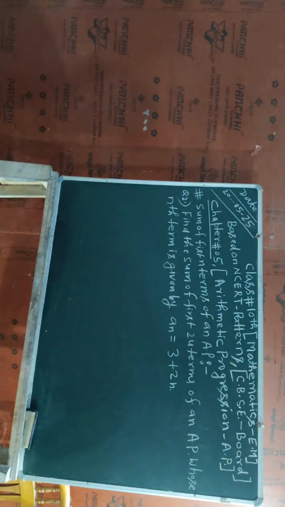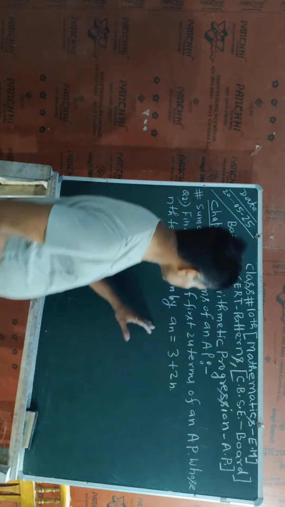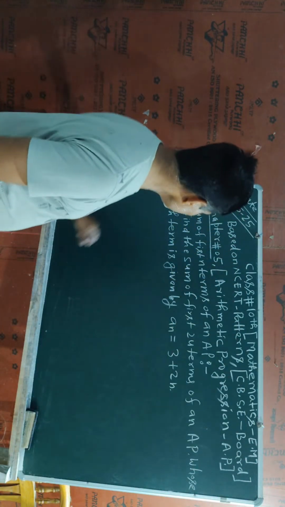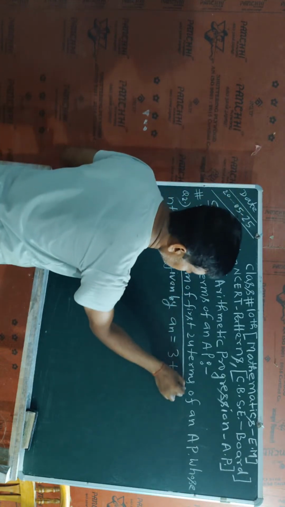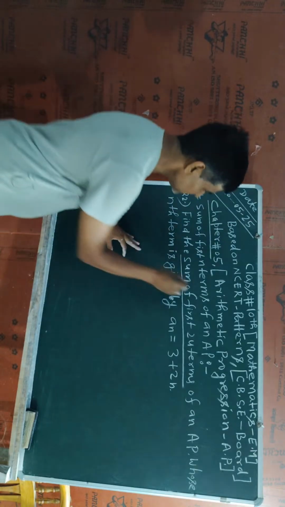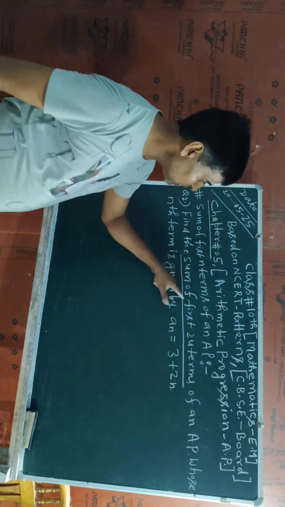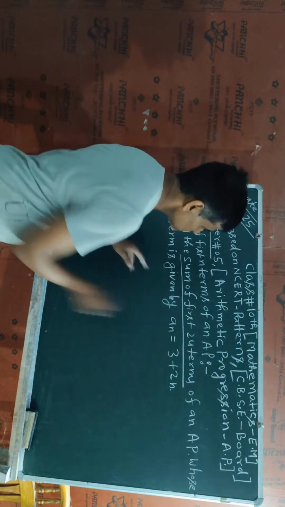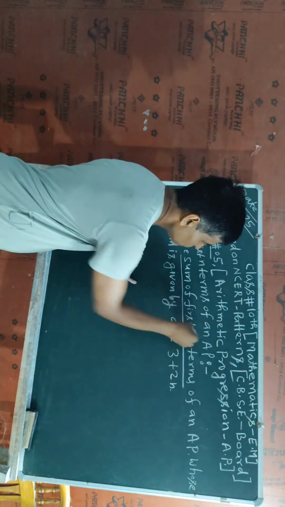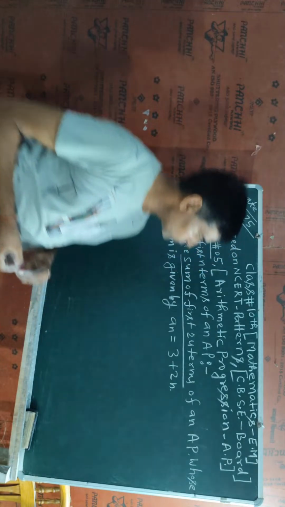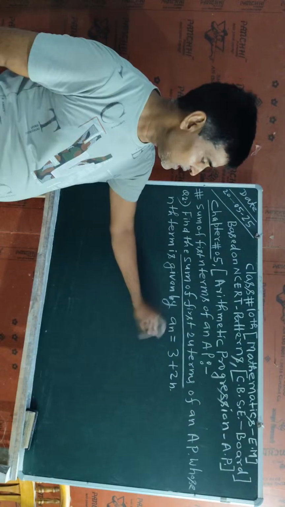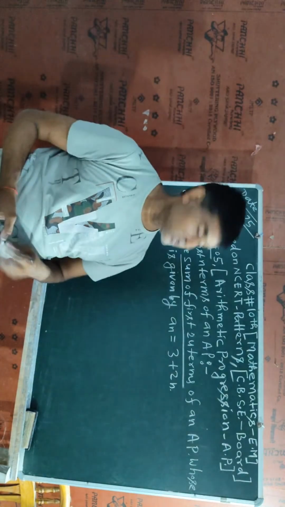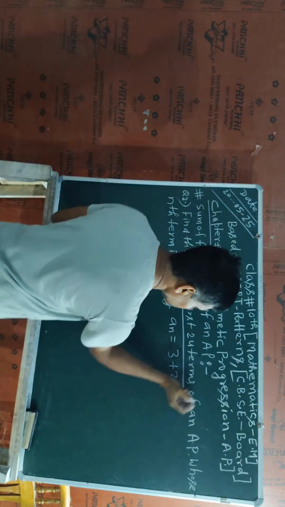So this is the question, and we have to find the sum of the first 24 terms of an arithmetic progression whose nth term is given by the formula a n is equal to 3 plus 2n. Okay student, this is very easy.